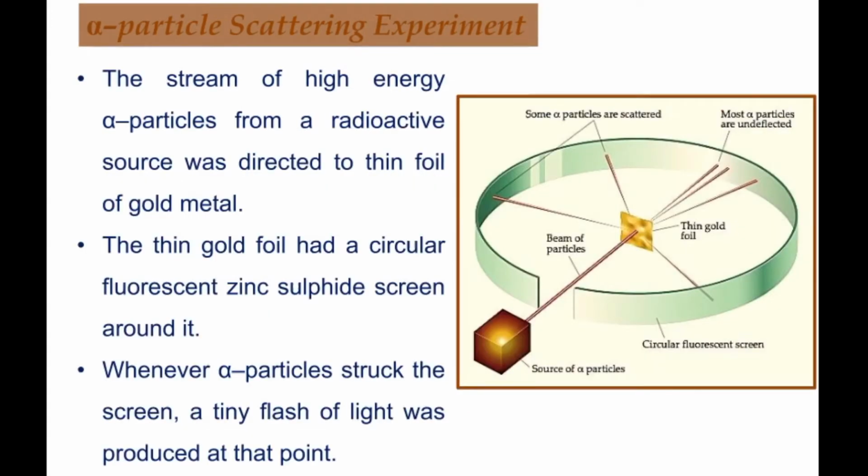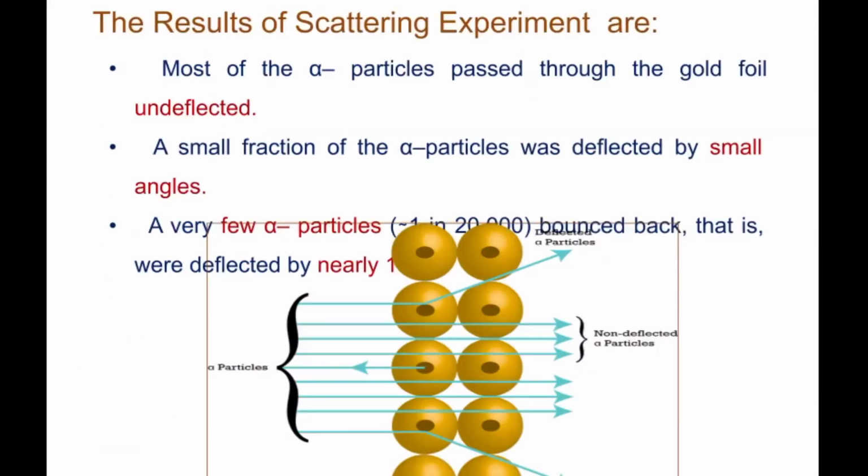A stream of high energy alpha particles from a radioactive source was directed to the thin foil of gold metal. The thin gold foil had a circular fluorescent zinc sulfide screen around it, as you can see in the picture. Whenever alpha particles struck the screen, a tiny flash of light was produced at that point.